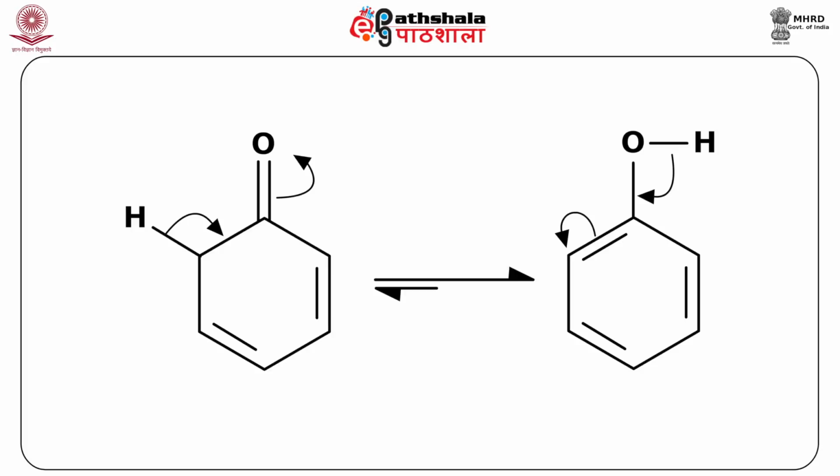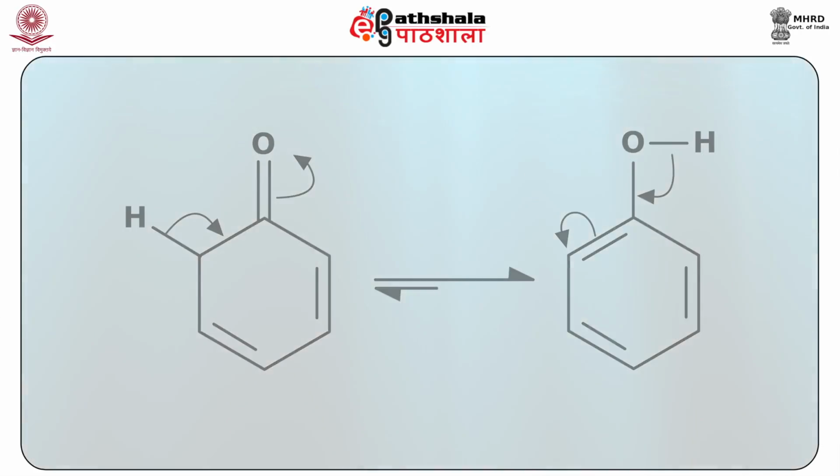The keto form of phenol is less stable because of non-aromaticity, and the enolic form of phenol, where it exists to 99.99%, is more stable because of the aromaticity.